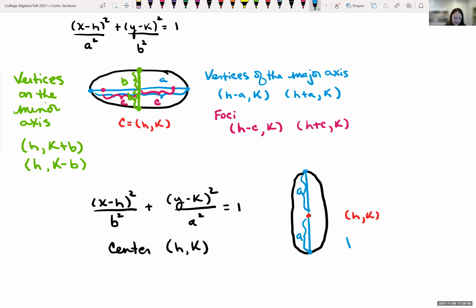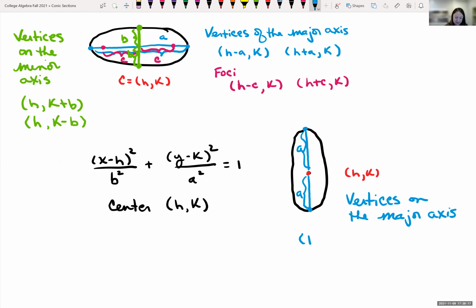And so the vertices on the major axis, if it's parallel to the y-axis, our x value is staying the same as the center. So it's going to be h, comma, we're going to add a to k, so k plus a, and then the x value is the same as the center h, and then we're going to subtract a from the y value. So k minus a at the center.